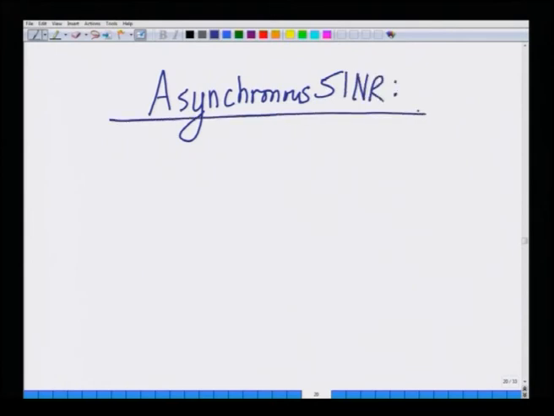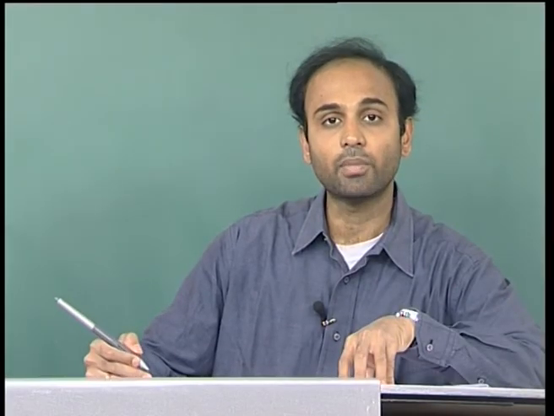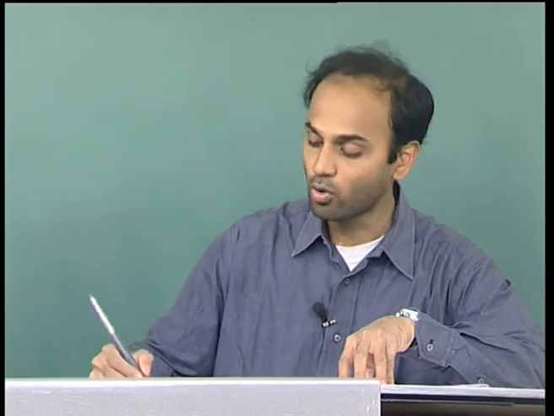Let me write down the complete expression: norm h naught square p0 over sigma n squared over n, that remains, except wherever we had the multi-user interference, the 1 over n gets replaced with a factor 2 over 3n.